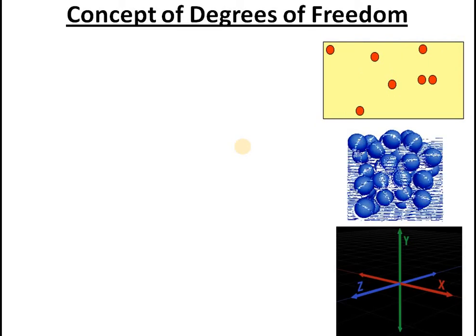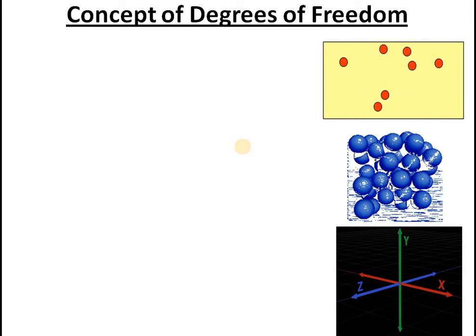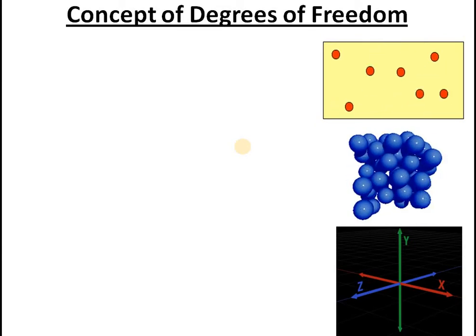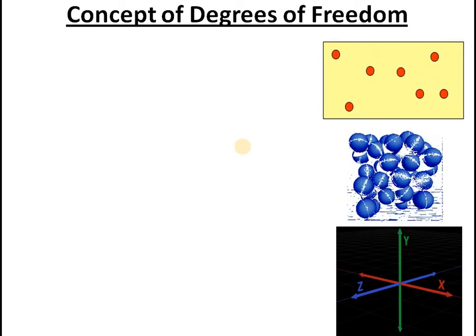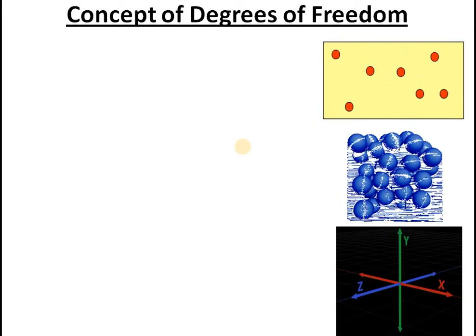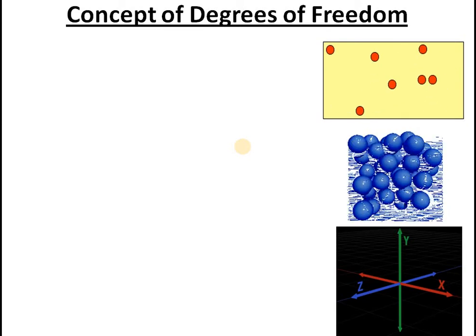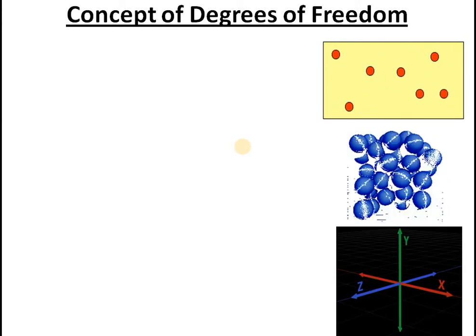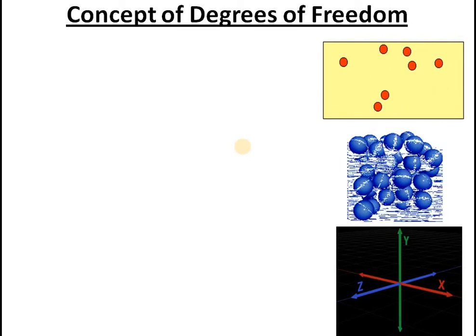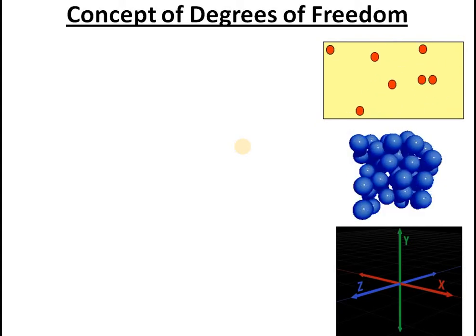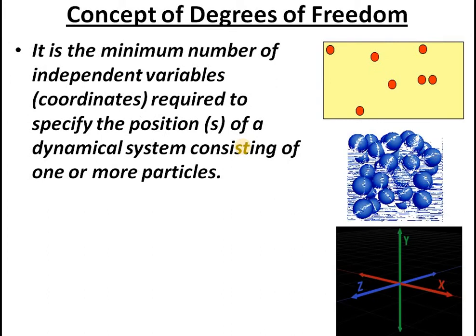So these are all actually variables. Okay, depending on the condition, context, these all can be variables. So in fact, degrees of freedom is nothing but the variables, minimum variables required, coordinates required to describe the motion of a dynamic system. Okay, so let us see.